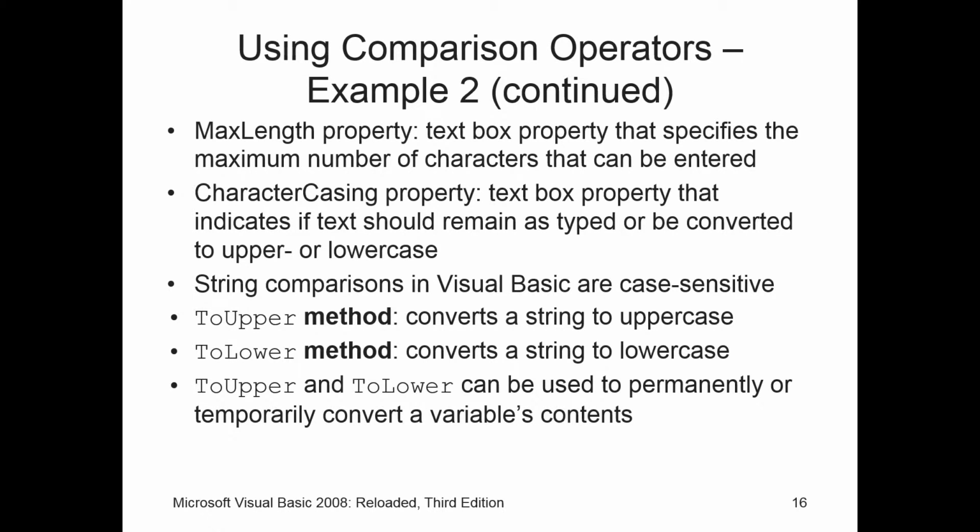The ToUpper method converts whatever is in the text to uppercase, and ToLower brings it to lowercase. And based on how you write the code, you can change the variable permanently, or you can temporarily convert it so that you can make a decision.